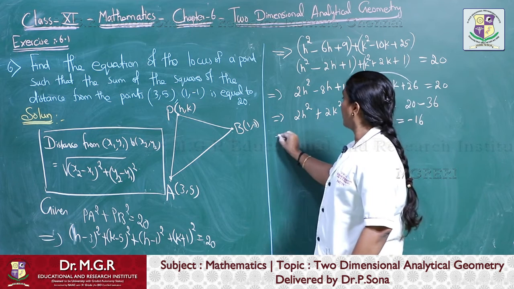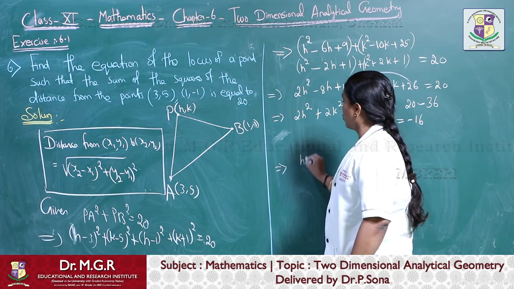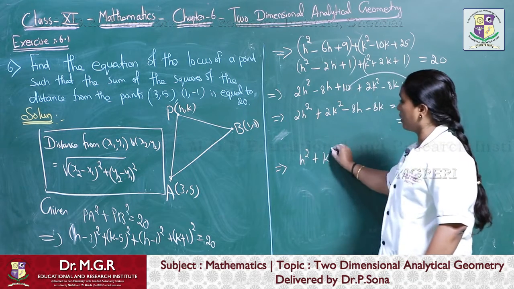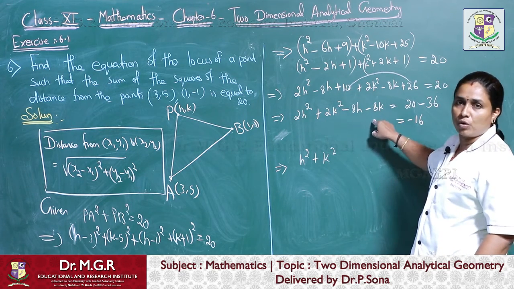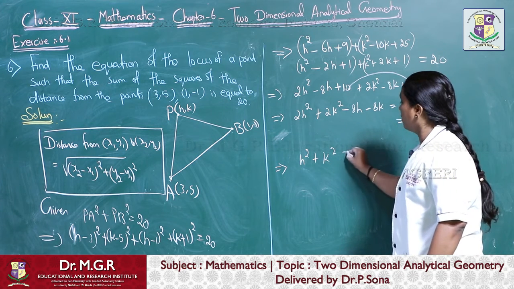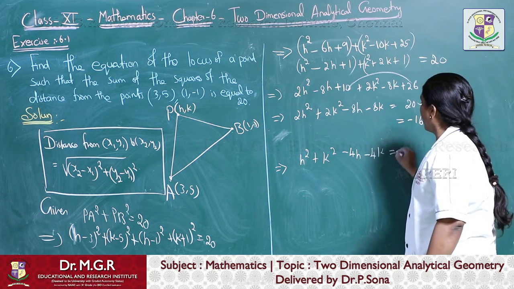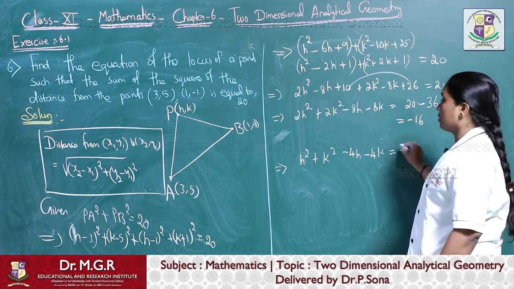So we can divide it by 2, because 2 is common for all the terms. So h square plus k square minus 4h minus 4k is equal to minus 8.